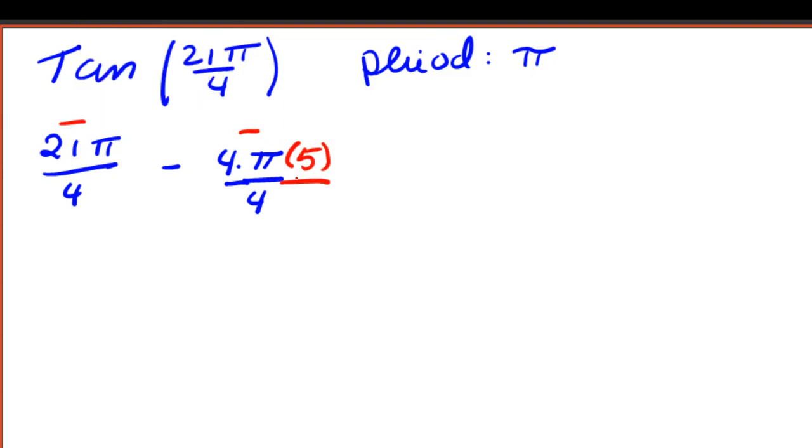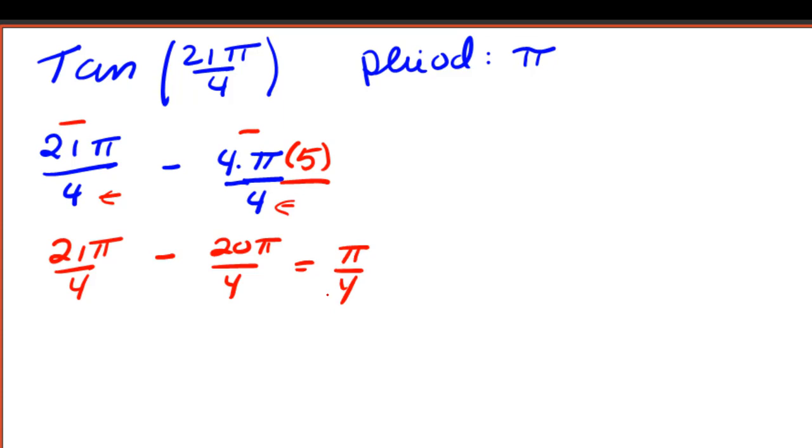So 4 goes into 21 5 times evenly. So what I have now is 21 pi divided by 4 minus 20 pi divided by 4. To make this work, notice what I had to do. If it's a fraction, and that's why I wanted to make this video, I first make sure I concentrate on this denominator and make it match on the other side. Once I've done that, I can subtract and I get pi over 4.